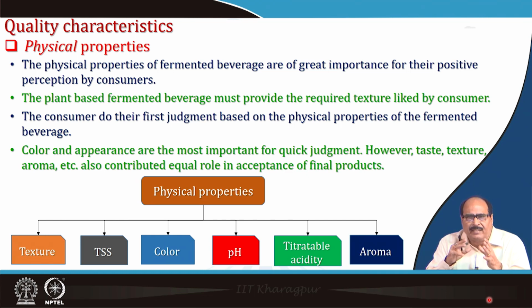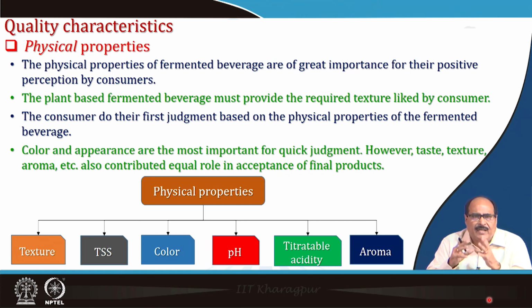It is of great importance for positive perception by the consumer, because many times the consumer judges the beverage on the basis of physical properties such as color, texture, etc., but mouthfeel and aroma also play an important role.